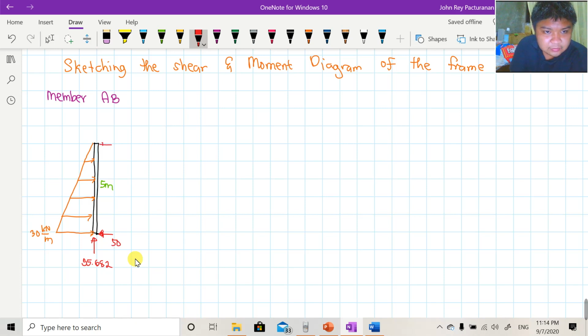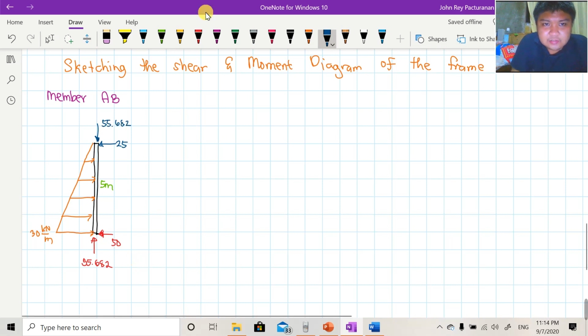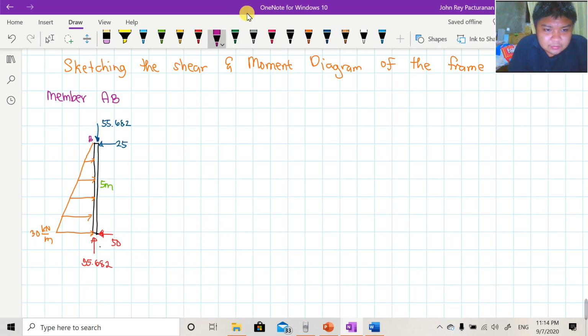Dito naman, this is 25. Tama ba? And lastly, sorry, palitan ko ng kulay. This must be navy blue. Okay, arte sa kulay. So, this must be 25. And likewise, this must be 55.682. Okay, so, syempre, alam naman natin that this is point B and this is point A.